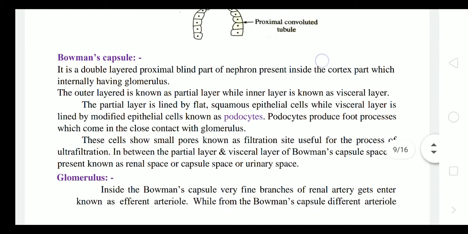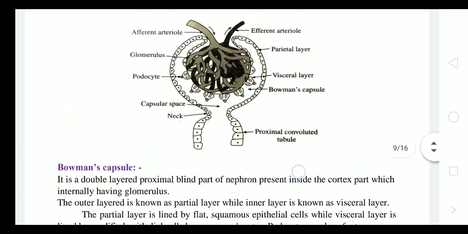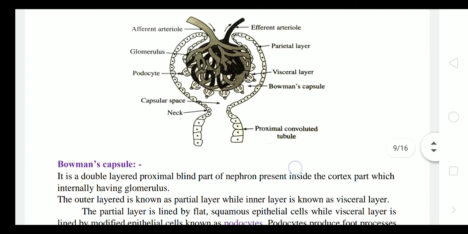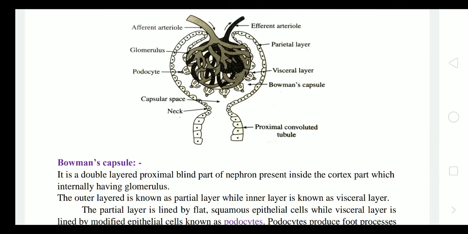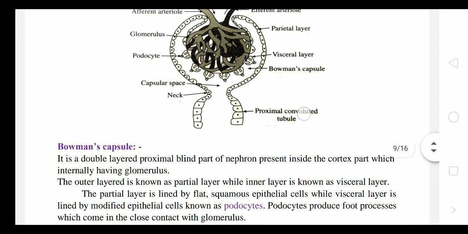Bowman's capsule is a double layered proximal blind end part of the nephron, with epithelial tissue, present inside the cortex, which internally has the glomerulus. The outer layer is known as parietal layer, while the inner layer is known as visceral layer. Parietal means at the periphery, and the inner, thick, mass-like one is the visceral layer.